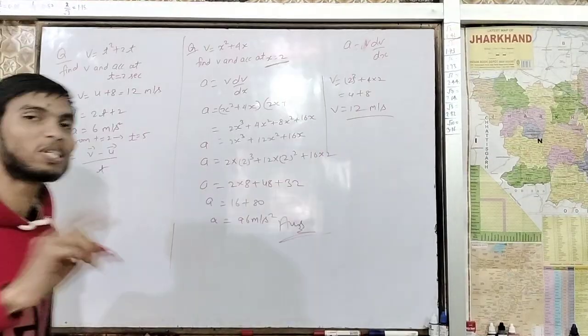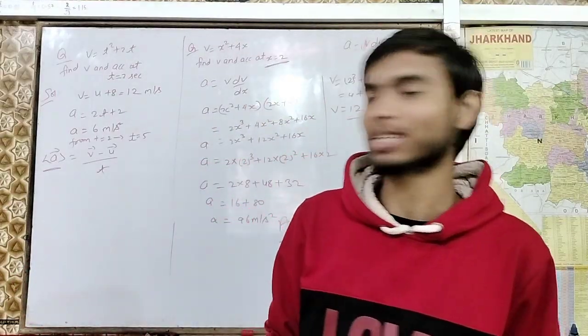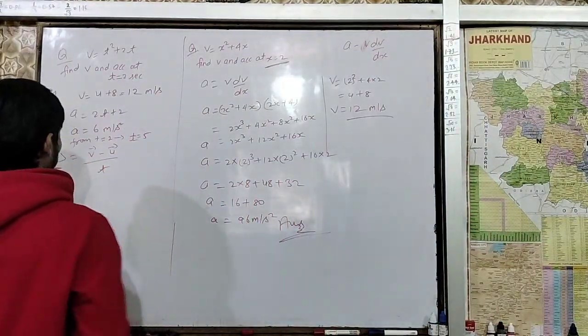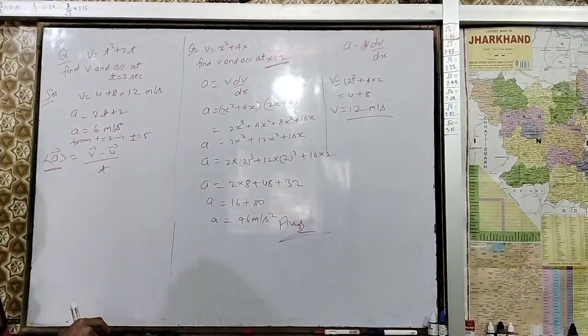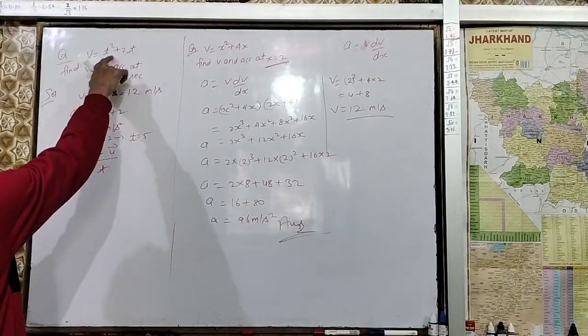There is a huge difference between average velocity and current, instantaneous velocity. For the final velocity, we will have to substitute t as 5 in this equation.